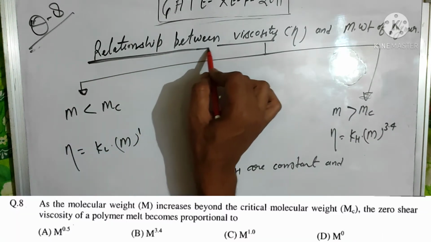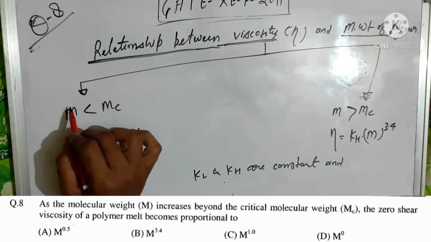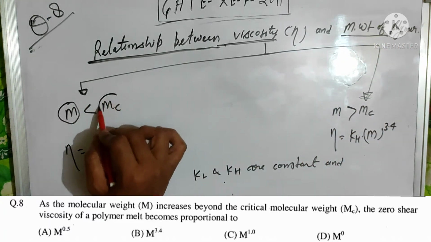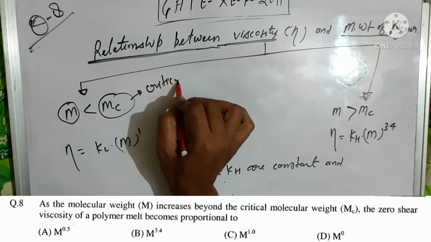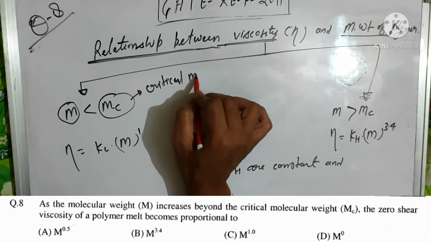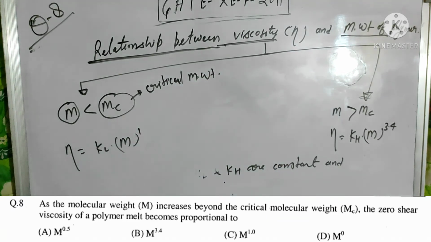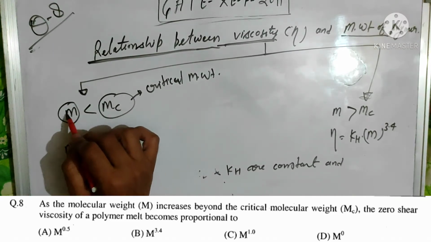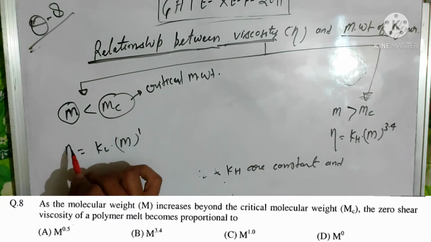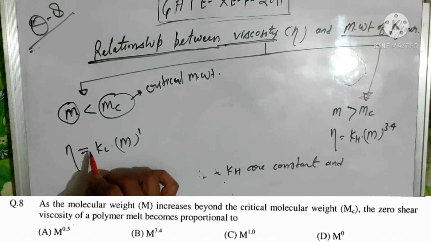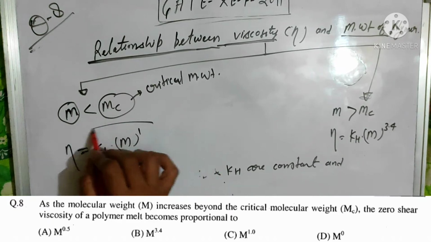The relationship between polymer viscosity and polymer molecular weight is given as follows. M is the molecular weight of the polymer and MC is the critical molecular weight of the polymer. When the molecular weight M is less than the critical molecular weight, in that case the viscosity is η = KL × M^1.